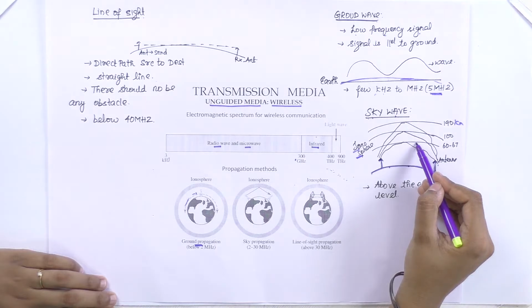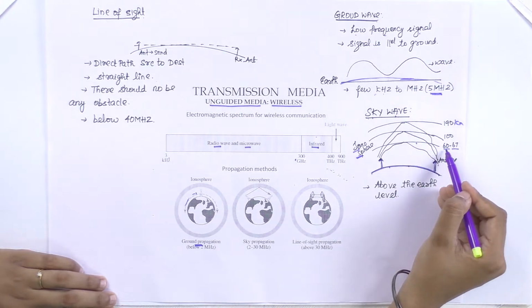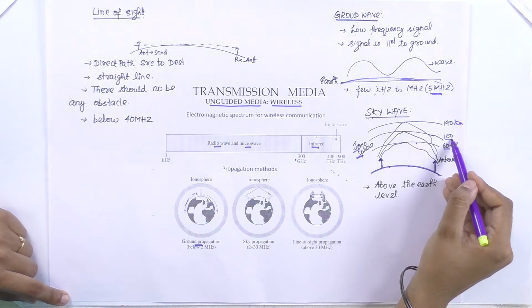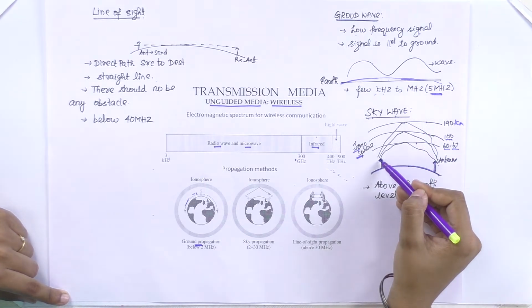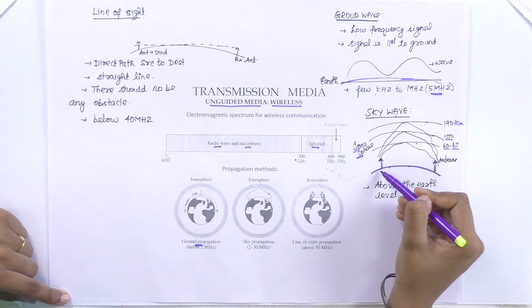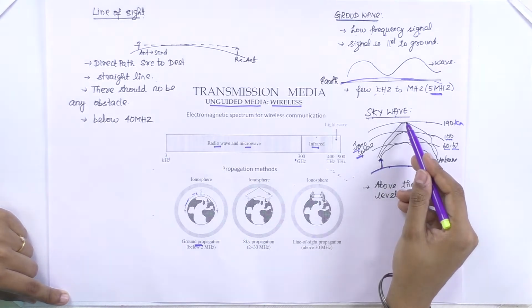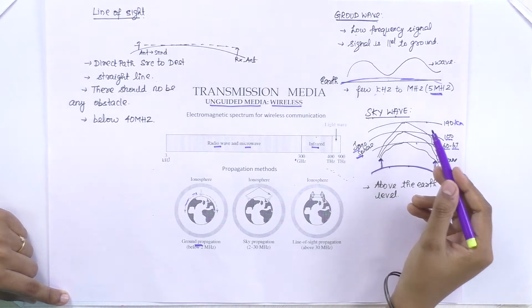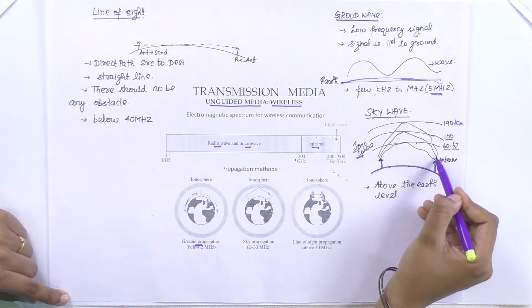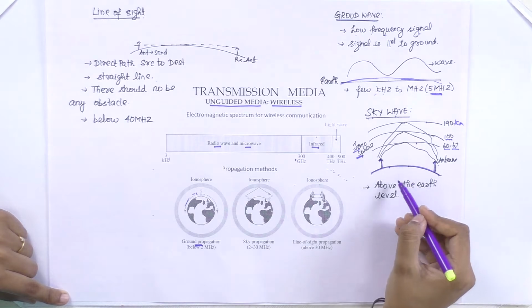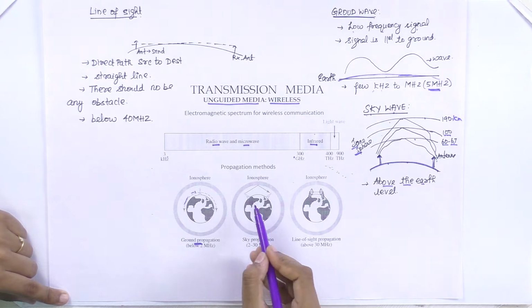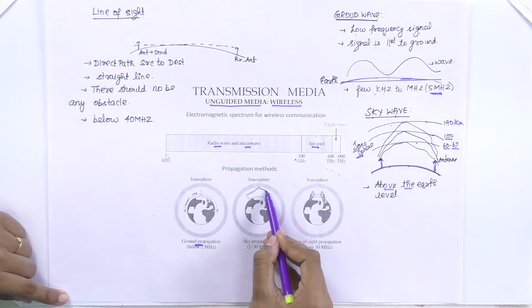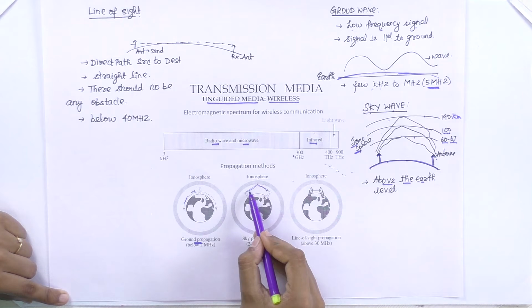Some parts I can have within the reach of 60 to 67 kilometers, and some I can have at the reach of 100 kilometers, or it might go above. Whenever the electromagnetic waves from the sender antenna go and hit the ionosphere, they can go through any level of the extension. That is, it can be propagated above the earth level. So you can look here, it refers to the sky level.